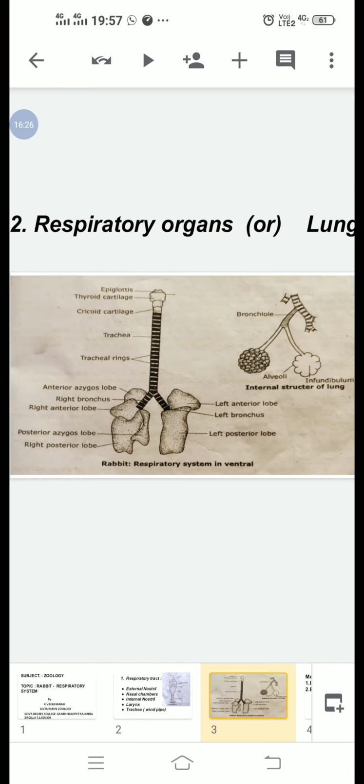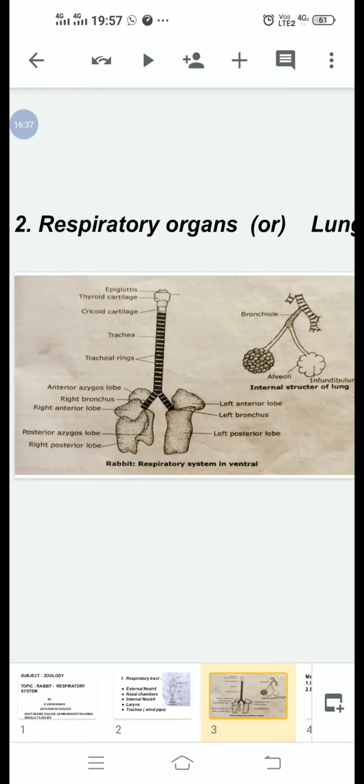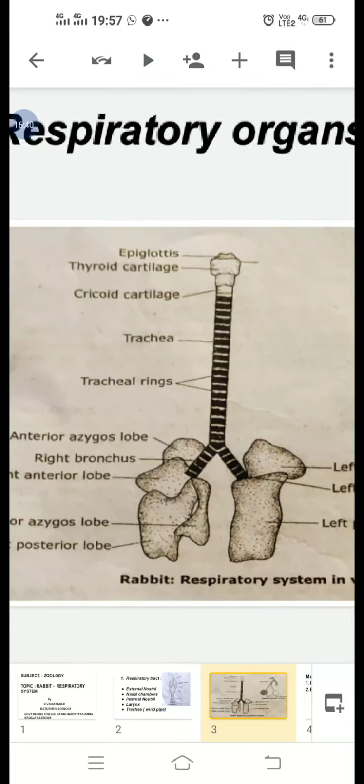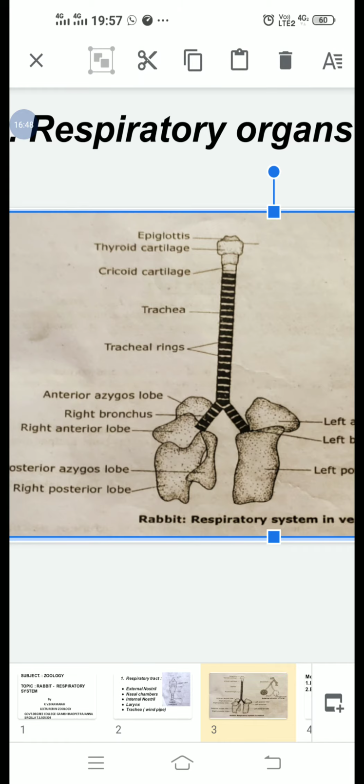Again, in each lung, the bronchioles divide into fine tubules called alveolar ducts. Each alveolar duct opens into a chamber called alveolar sac. The alveolar sac gives out several small pouches called alveoli, or air sacs.